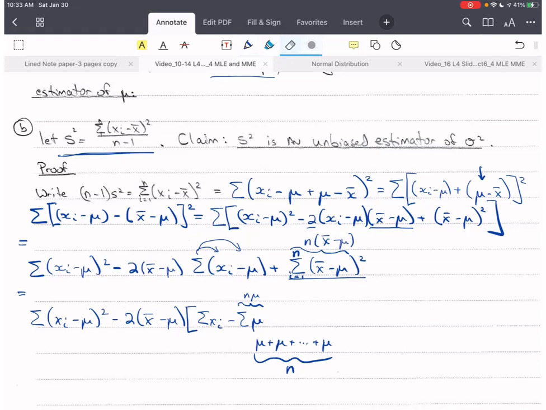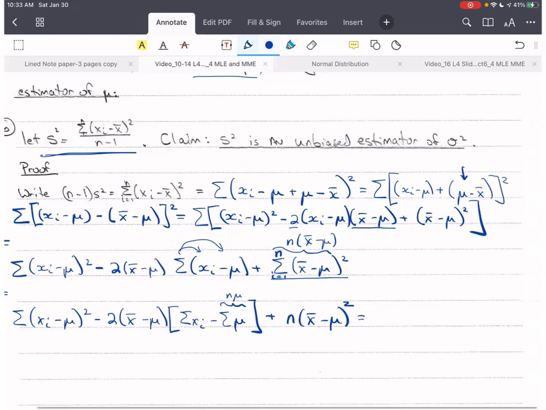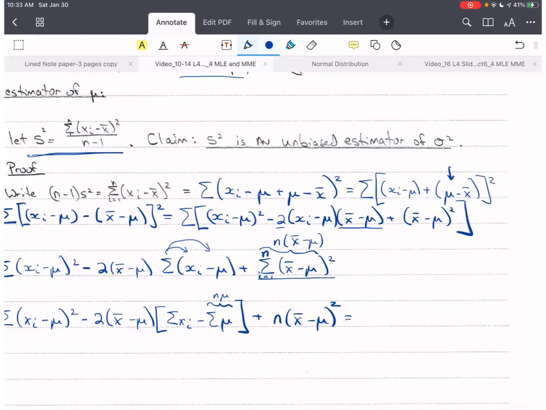Okay, so this is something you need to know so that you can do these derivations yourself. All right, so we have that, and then we have plus n times x bar minus mu squared. Okay, so it stays squared here. And this is equal to the sum of xi minus mu quantity squared minus 2 times x bar minus mu.